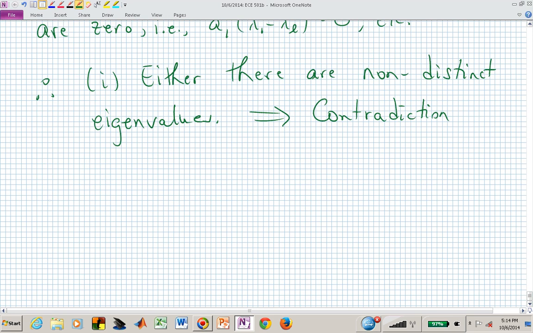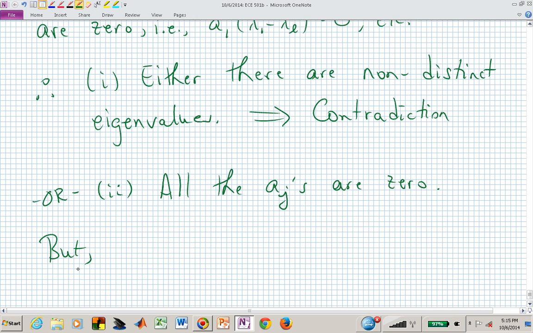Or case 2 is all the a sub j's are 0. But we picked our a sub j's to create v sub L in particular.